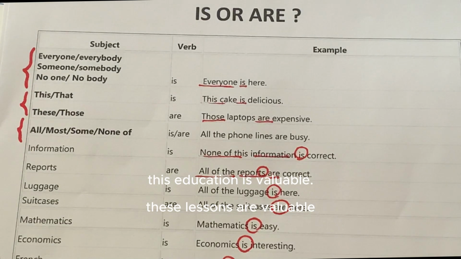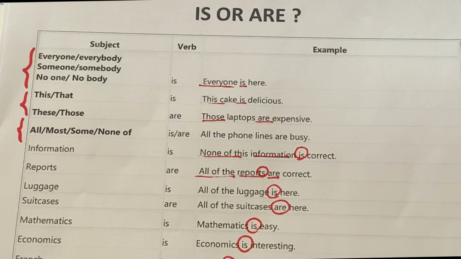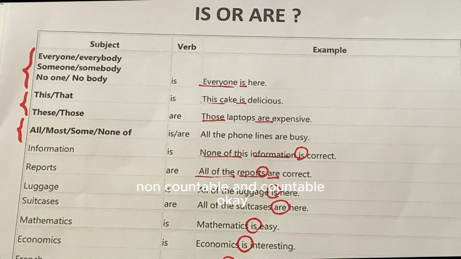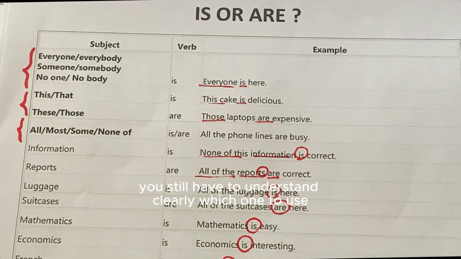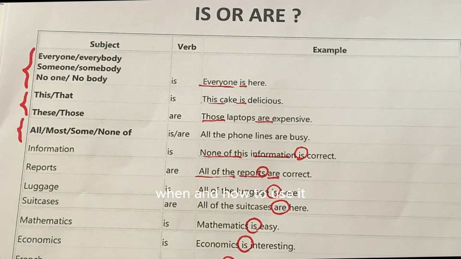This education is valuable. These lessons are valuable. Okay? Countable and non-countable. So you see that even a simple verb like the verb to be, you still have to understand clearly which one to use, when and how to use it.